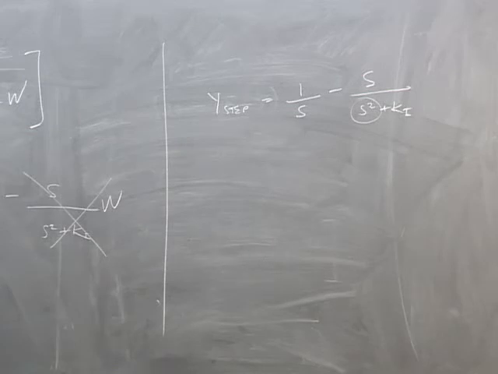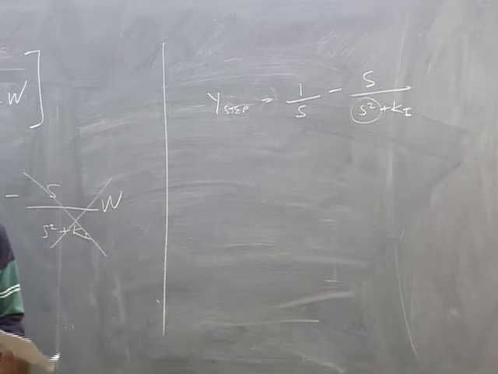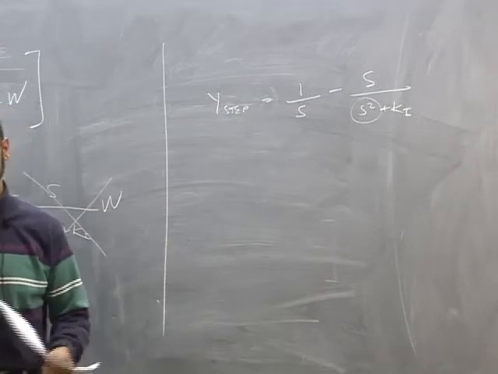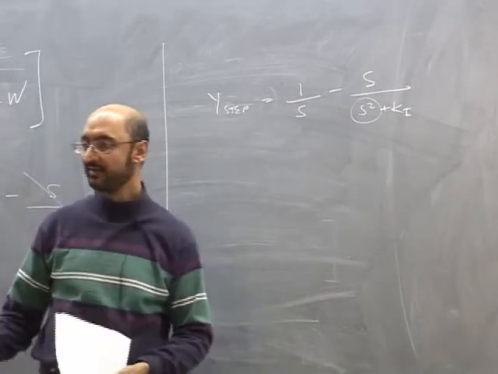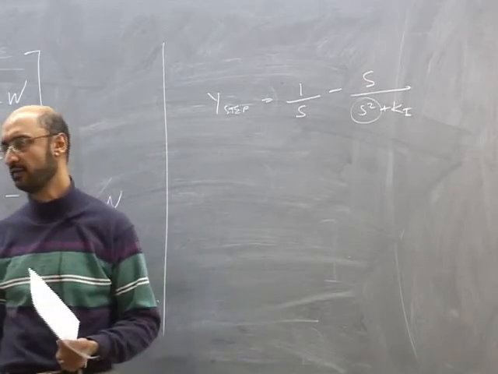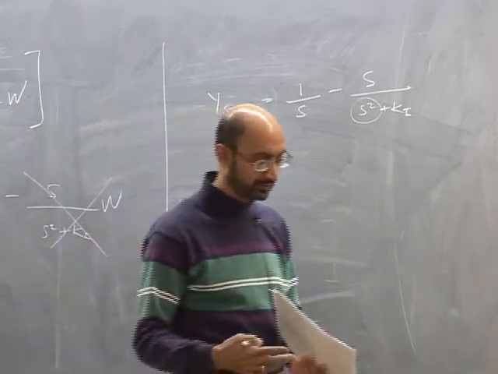Laplace transform of cos omega t is s over s squared plus omega squared, and sin omega t is omega over s squared plus omega squared, or the other way around. I can never keep it straight, but an s squared in the denominator is a characteristic that you have for both sinusoidal sine and cosine.